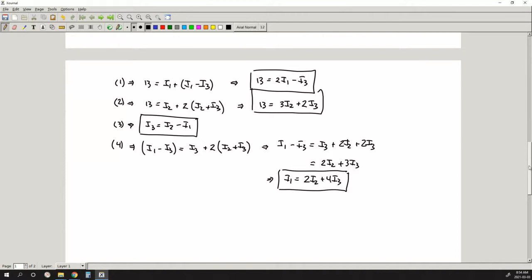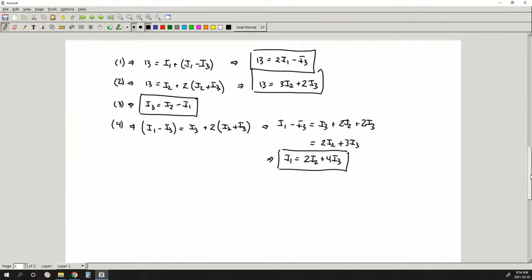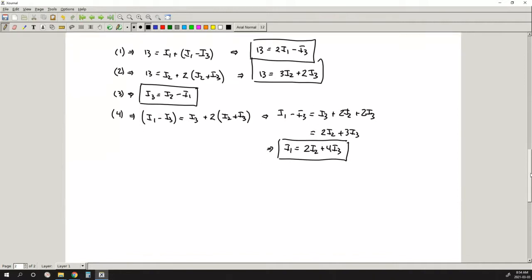You just follow one step, then the next step, eliminating things from your equations, and you're basically just solving a system of however many equations you may end up with. So this is the most labor intensive, but the most straightforward way to do this. As I said, we're going to use equation 3 here to eliminate all of the I3s.